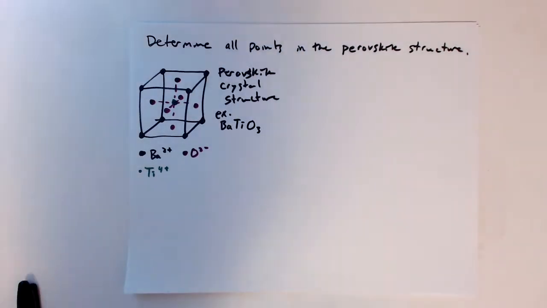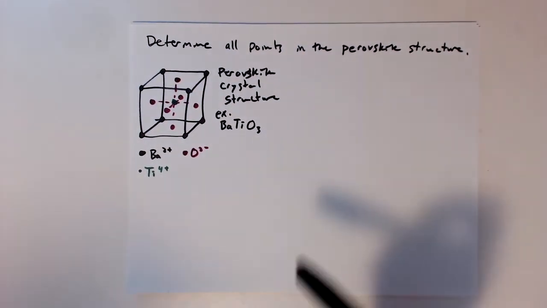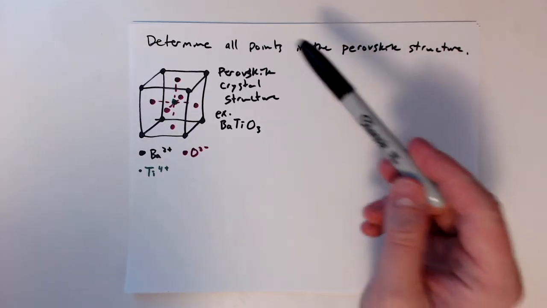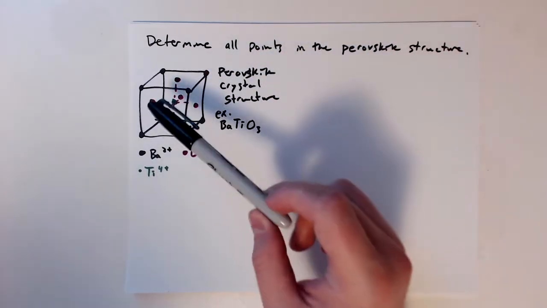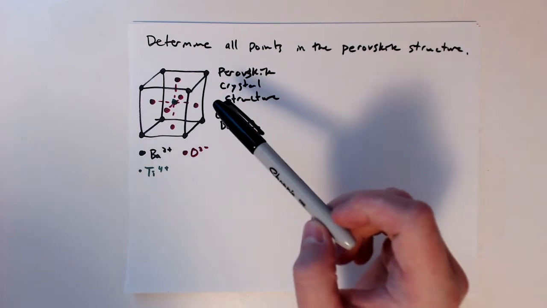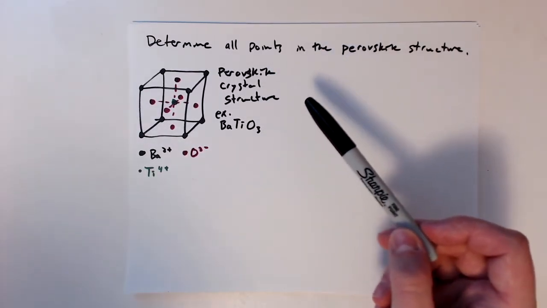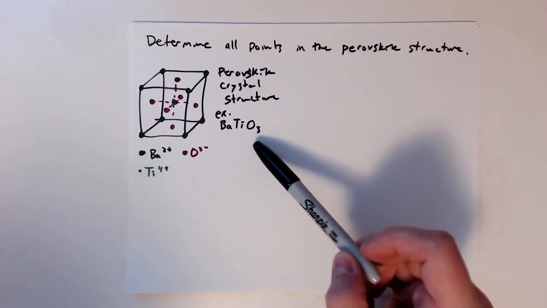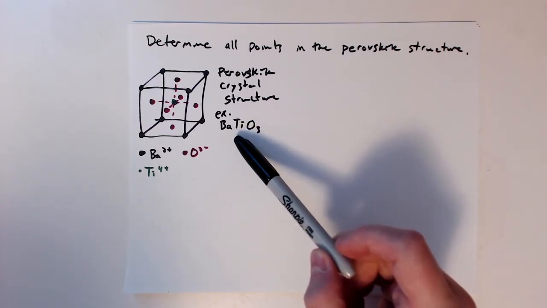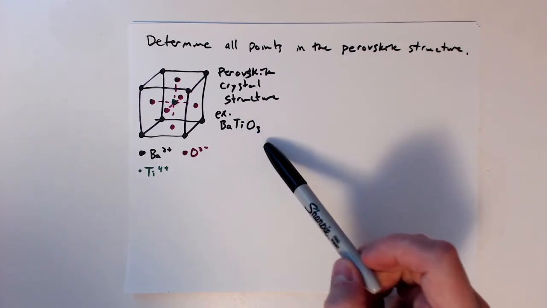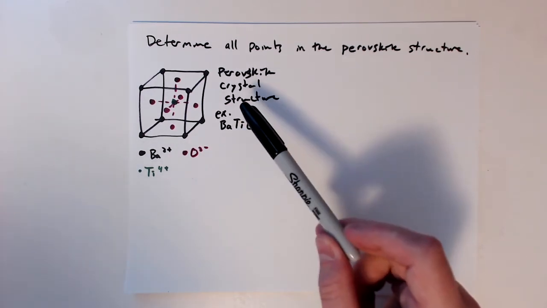All right, the first question on your quiz, in terms of example problems, relates to points. I've given you a certain structure. We haven't talked about this yet, but this is known as perovskite. It's an important ceramic structure. Barium titanate, barium titanium oxide, so BaTiO3, is one example of this type of structure.